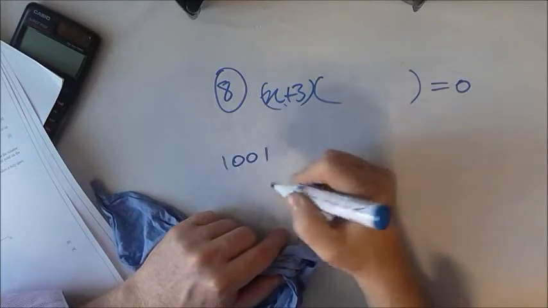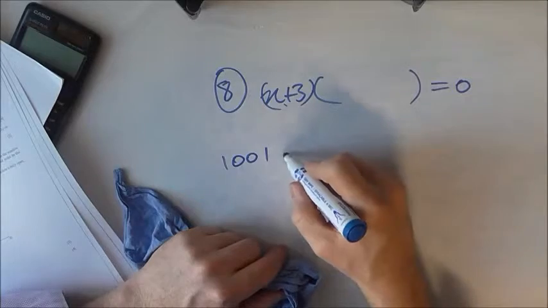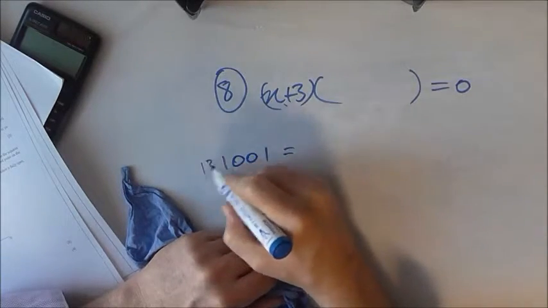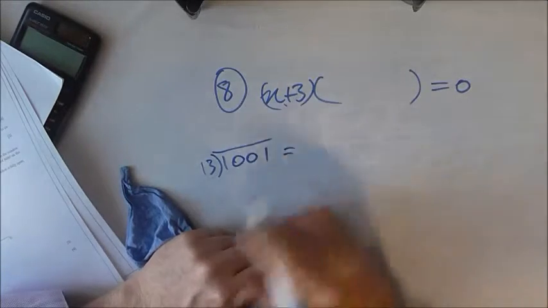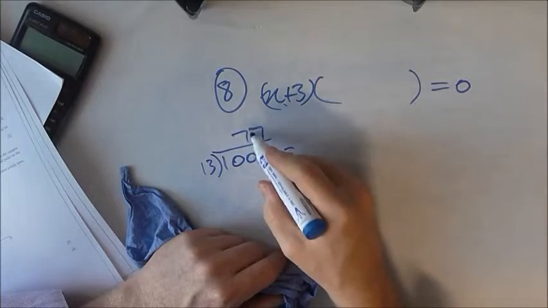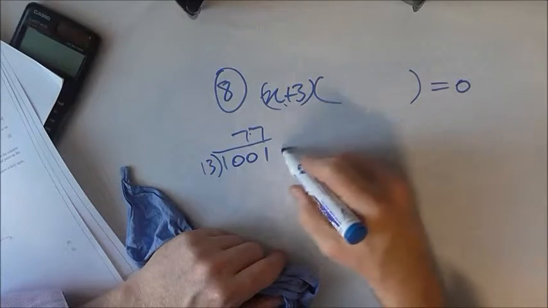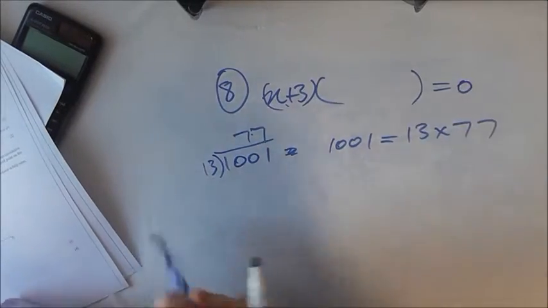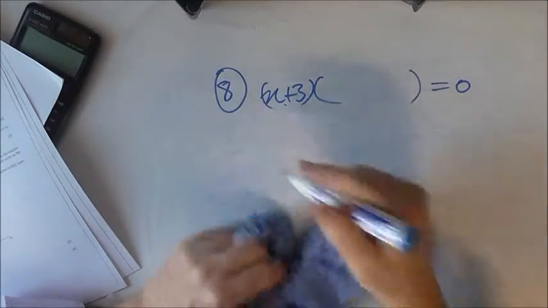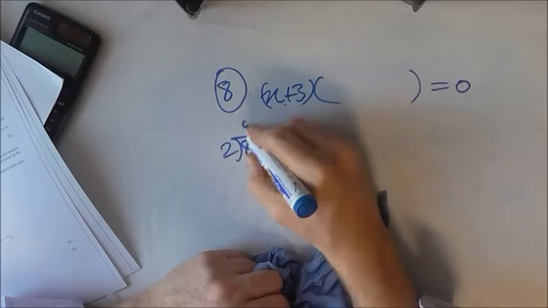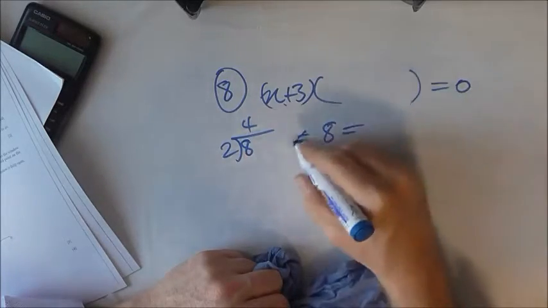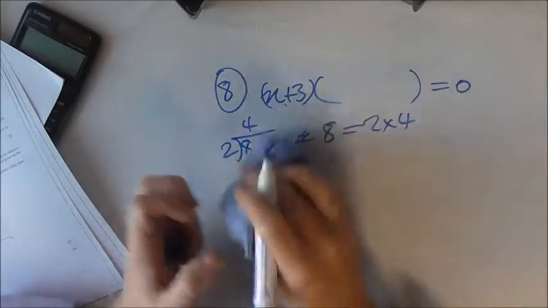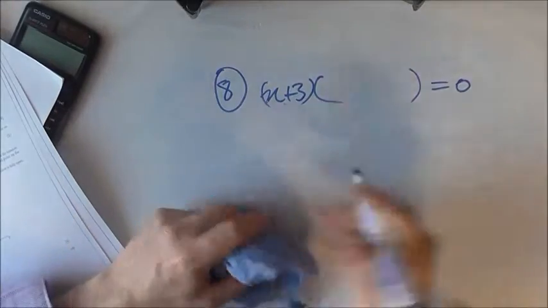So my favourite example, if you want to factorise 1001 and you know that dividing by 13 would produce something, well, do the division. When you get that number at the top, it tells you that 1001 equals 13 times 77. Simpler example, when you successfully divide 8 by 2 and get 4, it tells you that 8 equals 2 times 4. So here I'm doing the algebra version of a division.